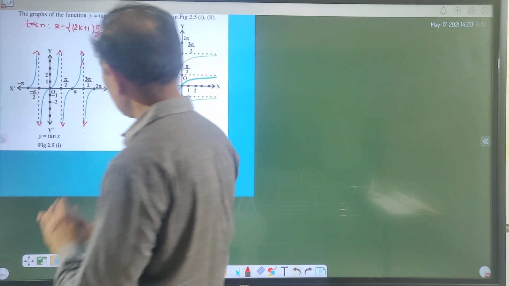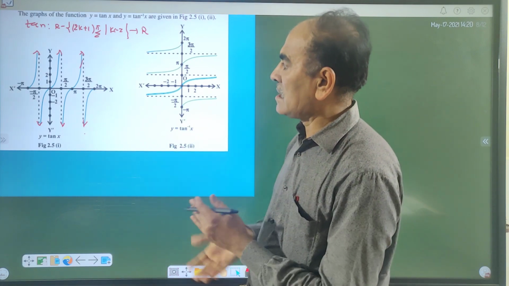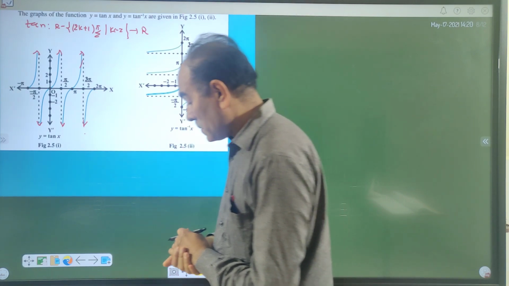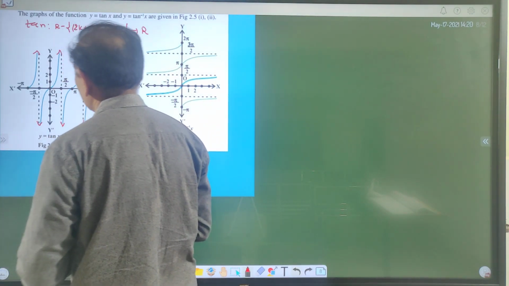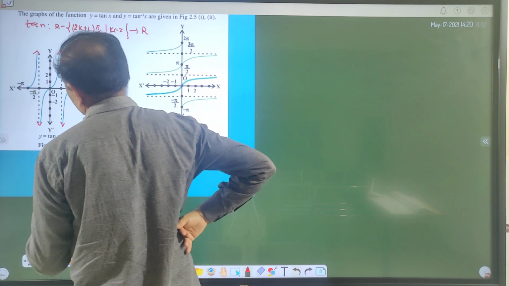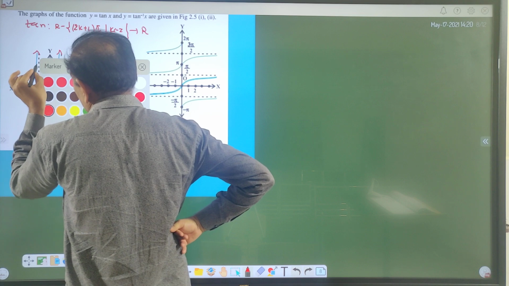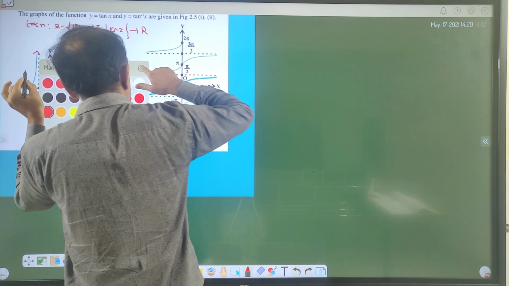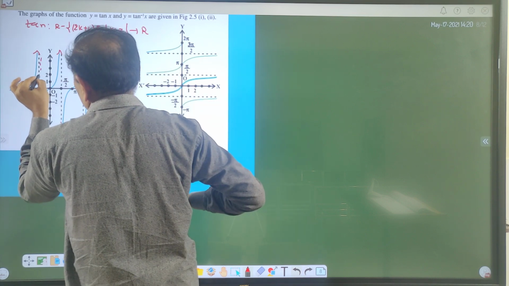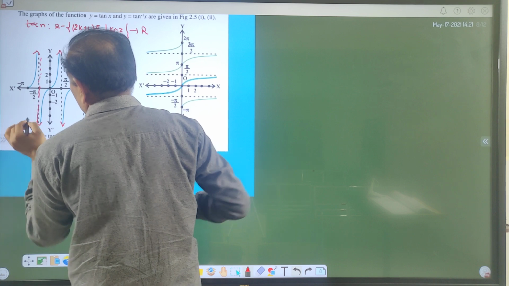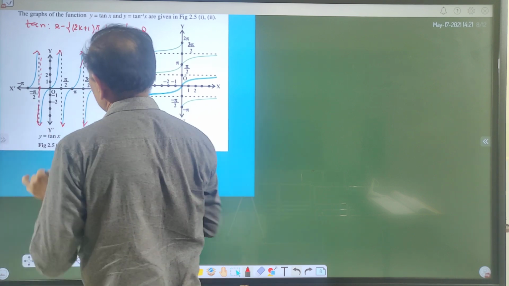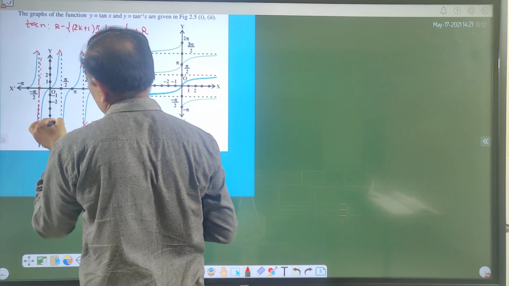So now we need to see that part where it is 1-1 and 1-2. Now see, it's pi by 2 and minus pi by 2. You can see that dark line is drawn. Tan is not defined at minus pi by 2, as well as not defined at pi by 2.